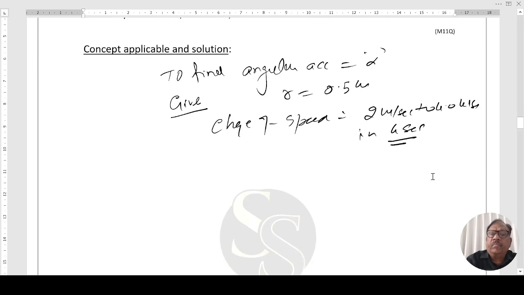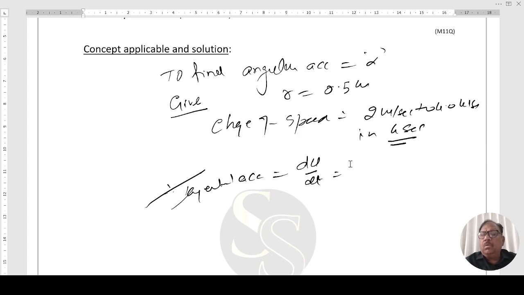Therefore, tangential acceleration, dv by dt, equal to 4 minus 2 upon 4. That is 2 upon 4, that is 0.5 meter per second square.